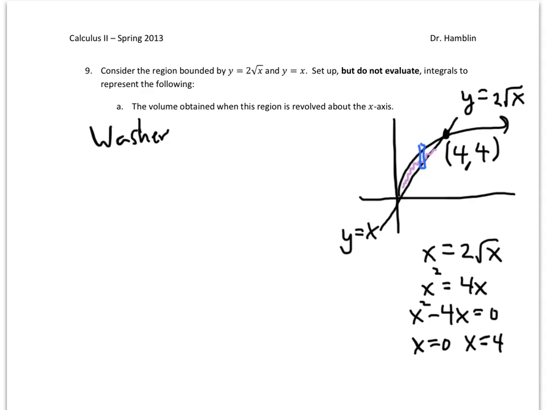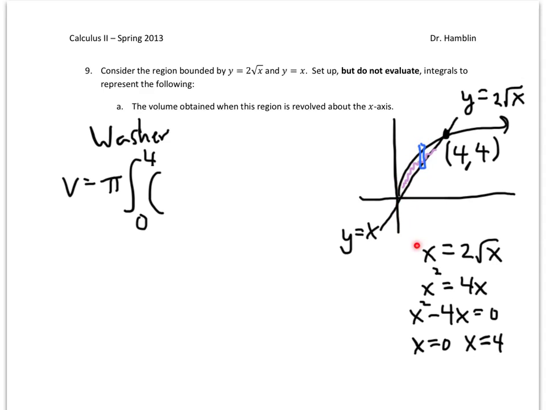And our volume here is going to be pi times, since we're integrating with respect to x, our x value is going to go from 0 to 4, and it's going to be the outer radius squared minus the inner radius squared. Well, the outer radius is going to be based on the top of our rectangle. That's the part that's furthest away from our axis of rotation.